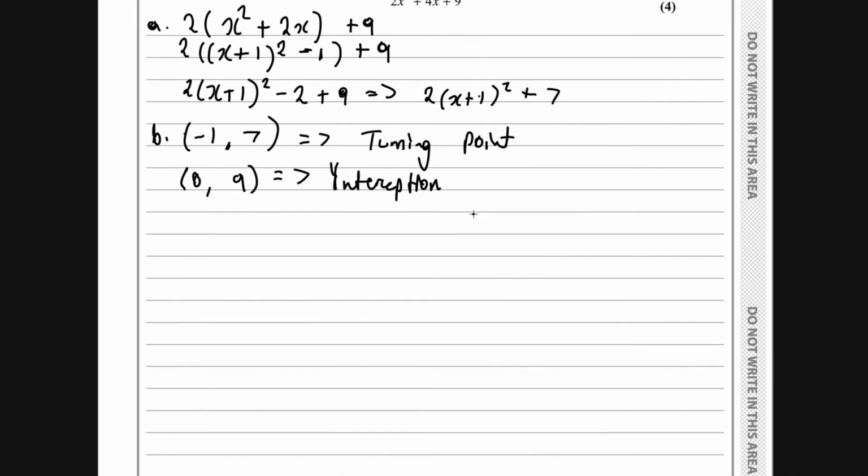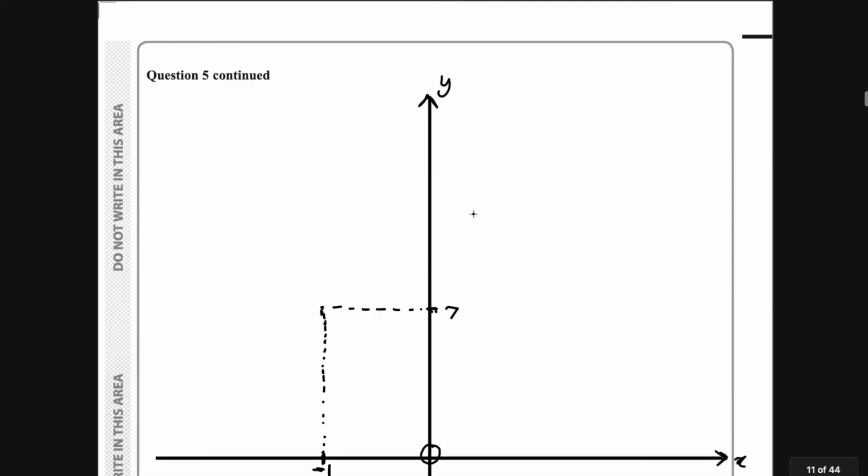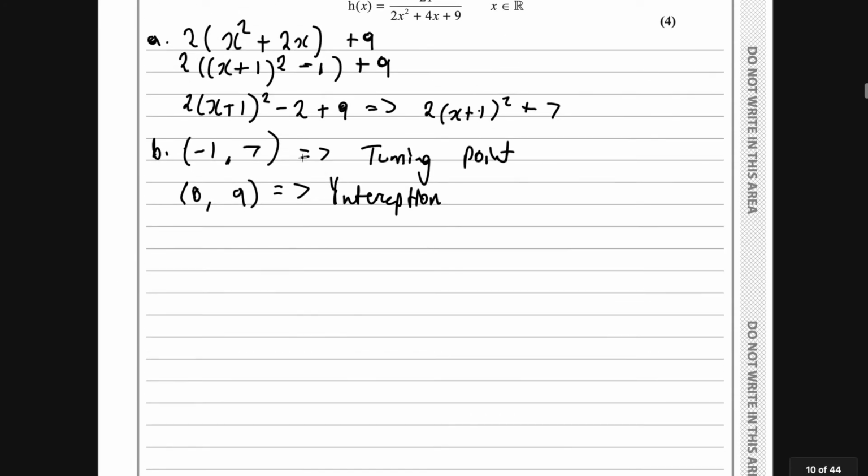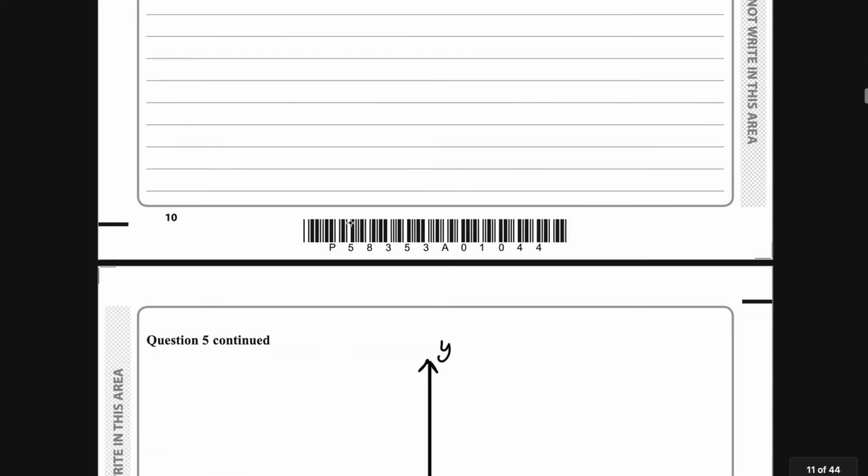So it's not a plot question, and you don't need to do point by point. And at the same time, you don't need to make sure that everything is exact in terms of incrementations on the axes and whatnot. So what we've got here is the coordinate minus 1, 7, which is our turning point. And if we remember correctly, our y-intercept is going to be 0, 9.